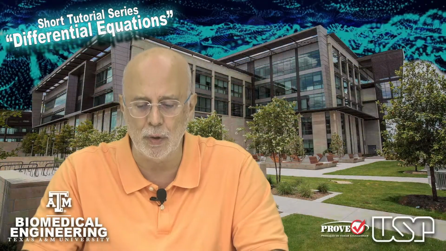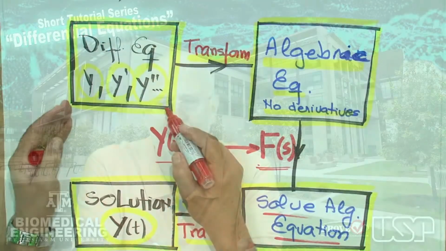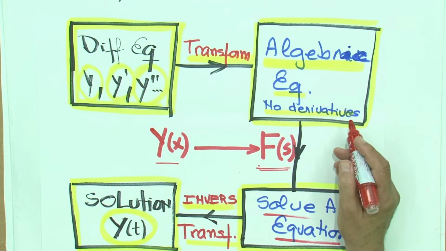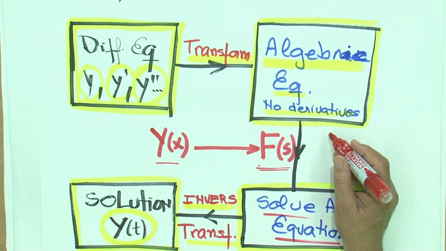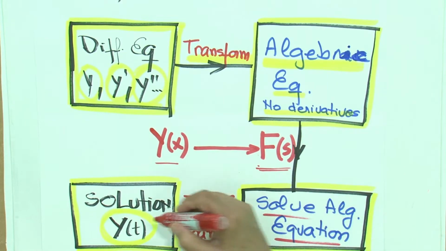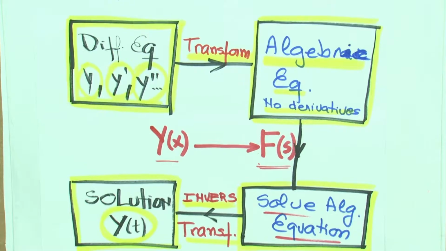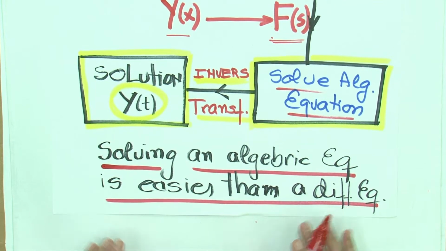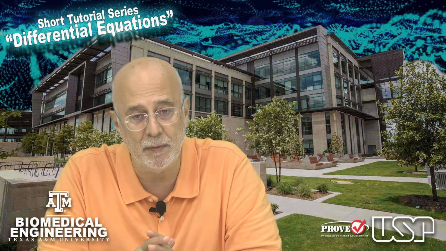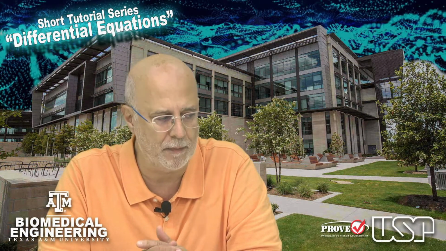So it is actually transforming the differential equation into something easier to solve, which is an algebraic equation. Solving the algebraic equation, we come back to the original function. So it's like making a transformation that makes everything easier in the solution. So that's the principle of the Laplace transform.